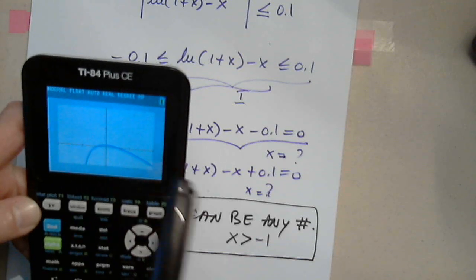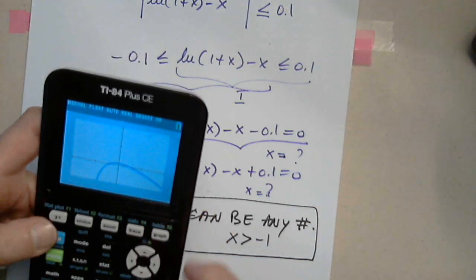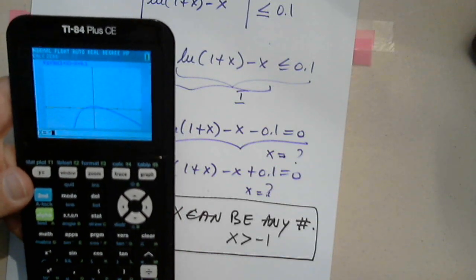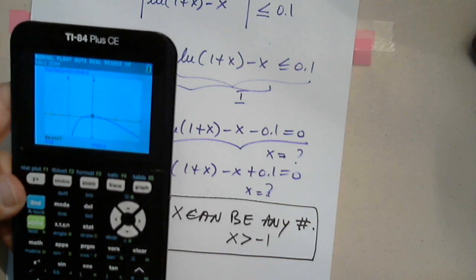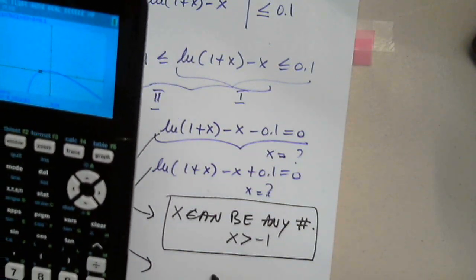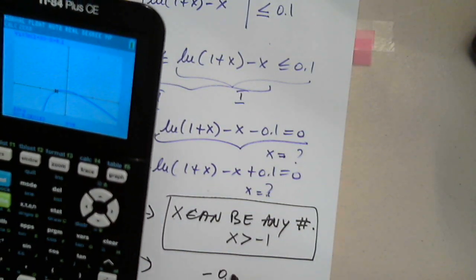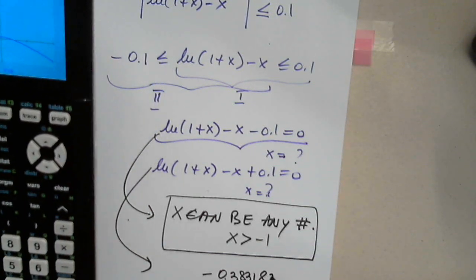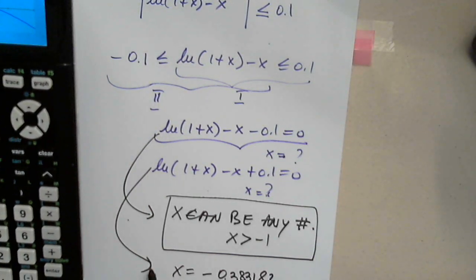So I'm going to find this one first. So second and calc, 0, between -1 and 0. So it gives me -0.383183. I don't know how many decimal digits they want.